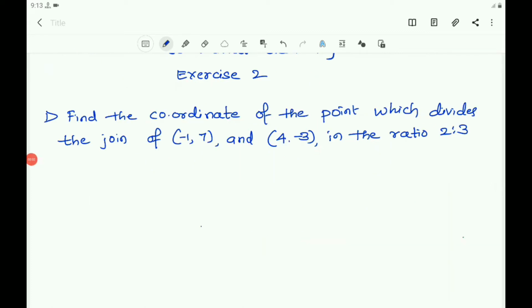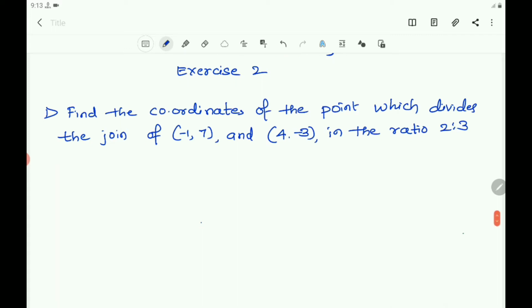Now come to the exercise 2. First question. Find the coordinates of the point which divides the join of -1, 7 and 4, -3 in the ratio 2 is to 3.